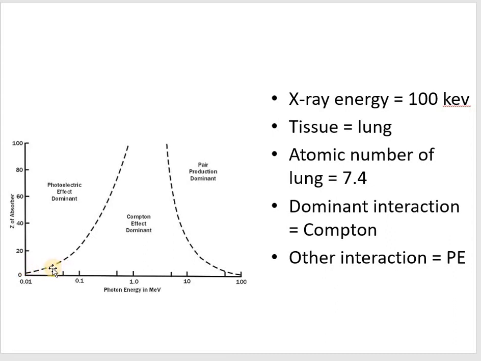The effective energy would be 33, and 33 is somewhere here. The dominant interaction would be Compton scattering as X-ray photons set at this kVp interact with lung. Besides the Compton interaction, the other interaction would be photoelectric, but the dominant one would be Compton.